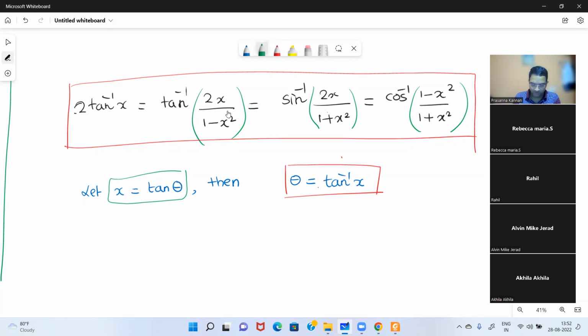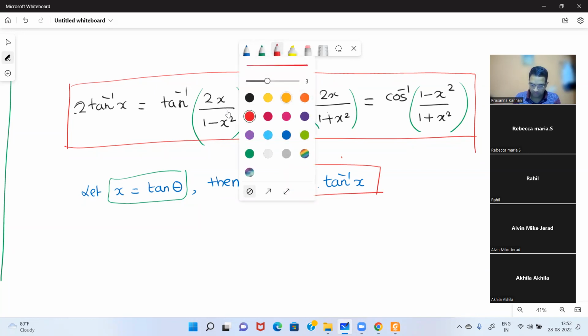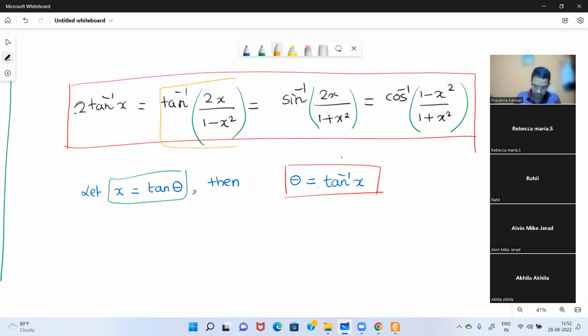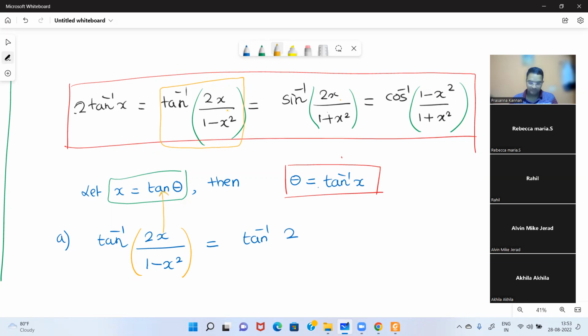So now you take the first one. What is the first one? Tan inverse of 2x divided by 1 minus x square. What is x? Tan theta.